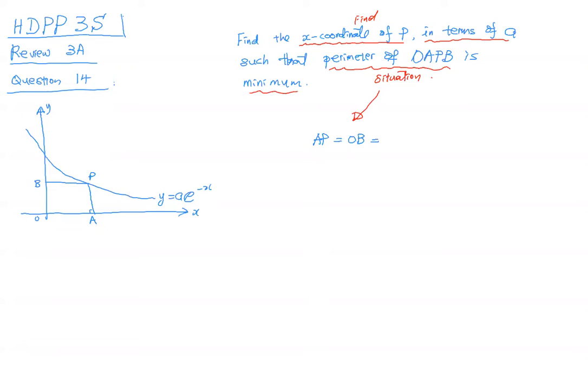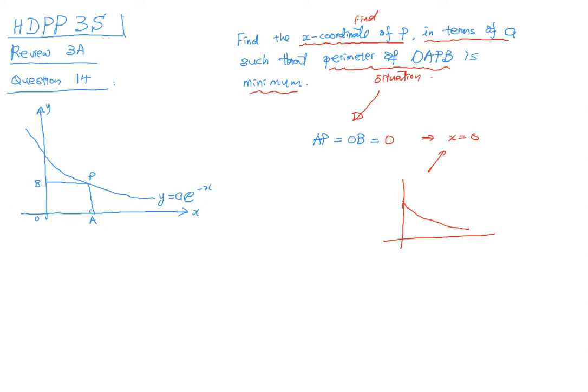So everyone just be patient. Okay, so how? The X coordinate equal to 0. If the X coordinate equal to 0, let me show you the situation will be like that.